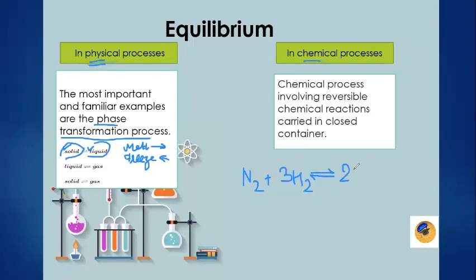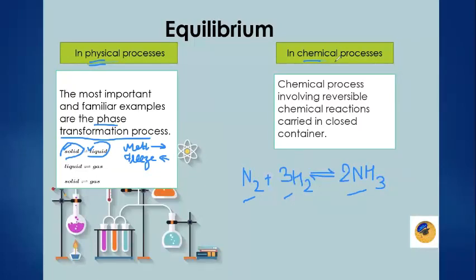This is called the Haber process. This is a reversible reaction, and there is a change in its chemical properties, and hence it is a chemical process. Here the forward reaction, as we discussed earlier, would be nitrogen plus hydrogen giving us ammonia, and the backward reaction would be ammonia decomposing to form hydrogen and nitrogen.